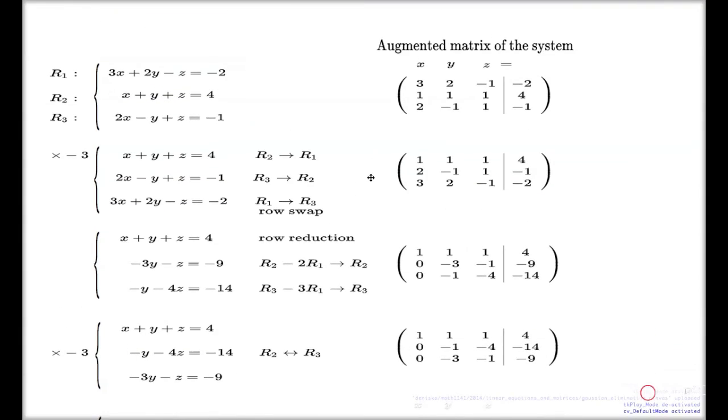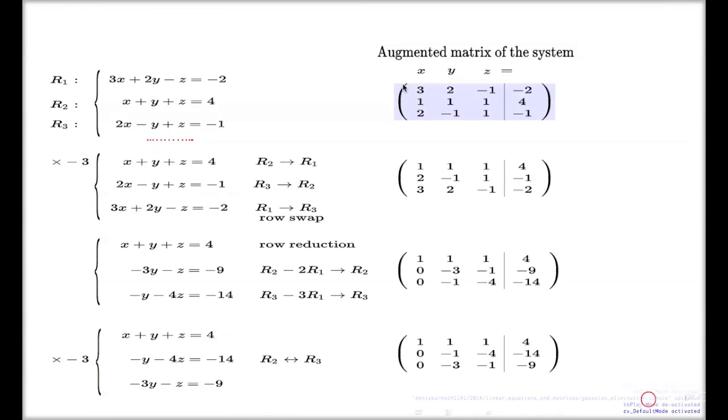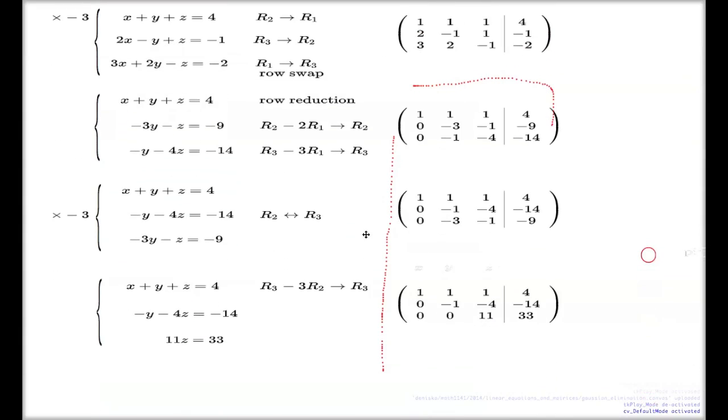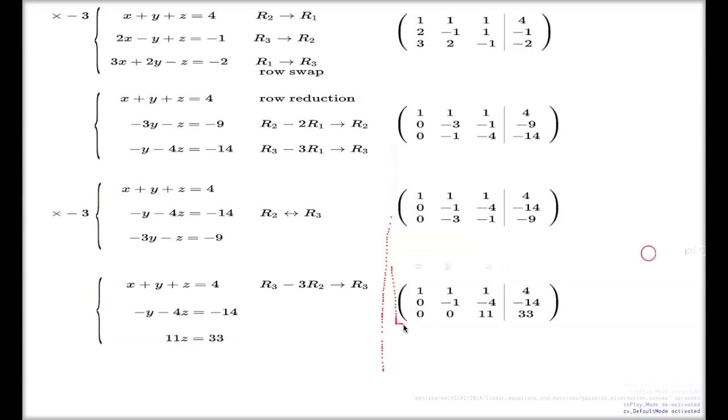You take a system, you convert it to the augmented matrix form, you do the Gaussian elimination method, you end up with a triangular shaped matrix, or we will have a better name for this in a second, and then you take it back to the system form and do your back substitution. This is the general scheme of how the Gaussian elimination method looks, and the way you will be presenting this in your solutions.